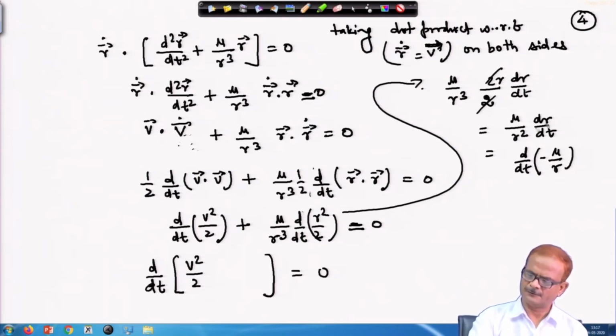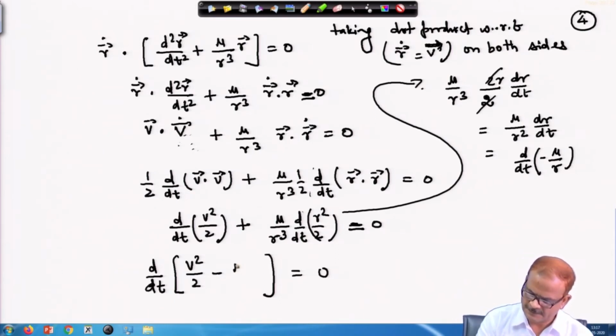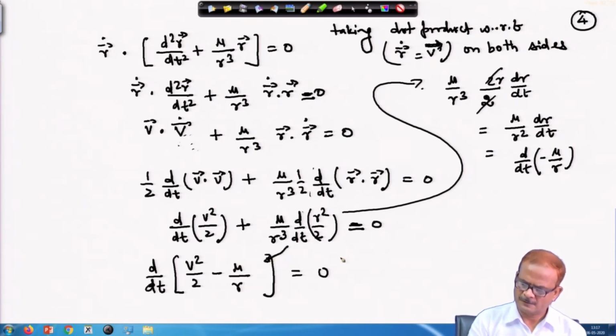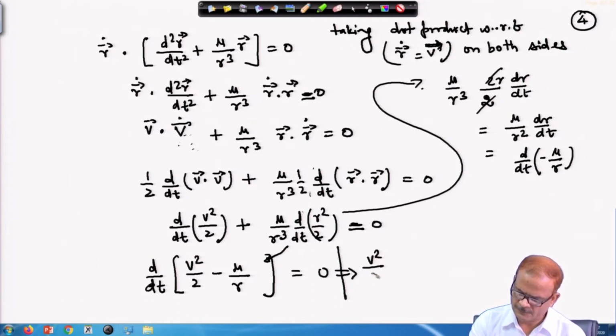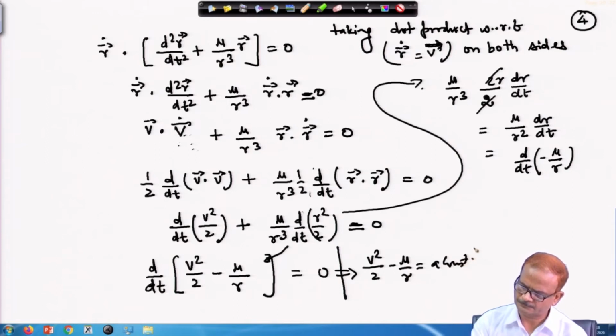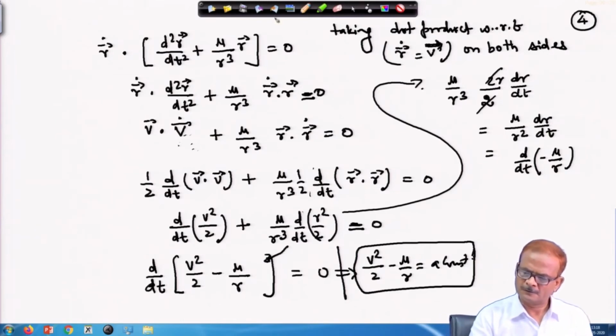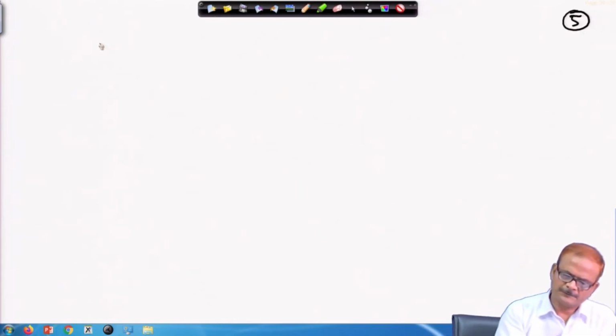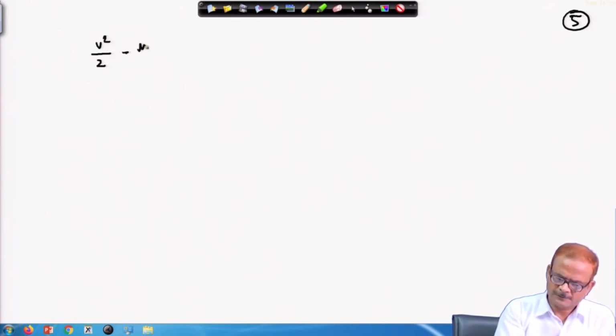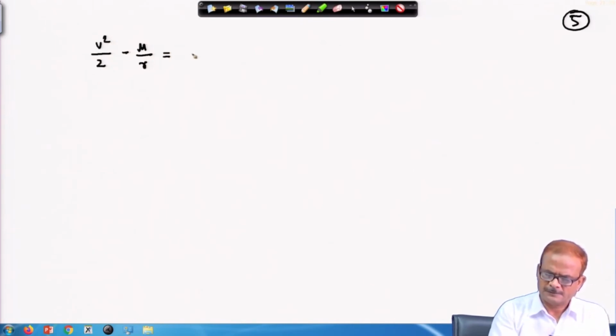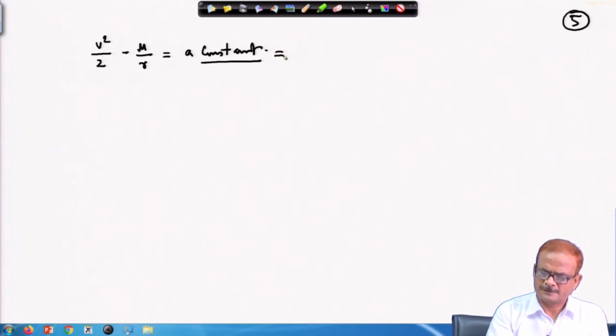If you differentiate it, you are going to get this quantity. So, I can write this term as mu by r, and once we integrate this, this implies v square by 2 minus mu by r is a constant.